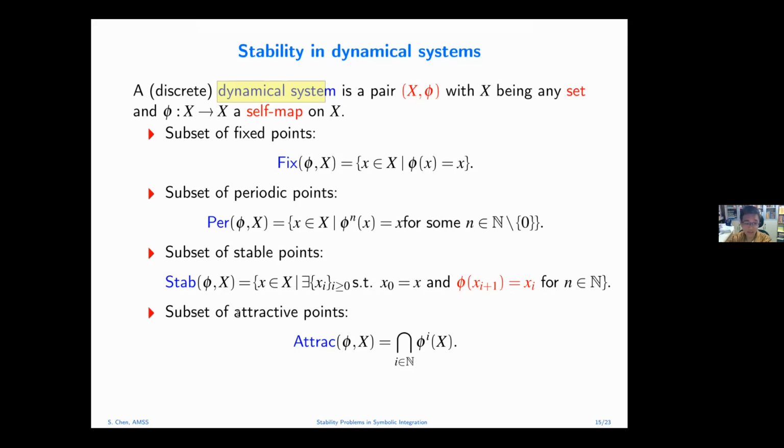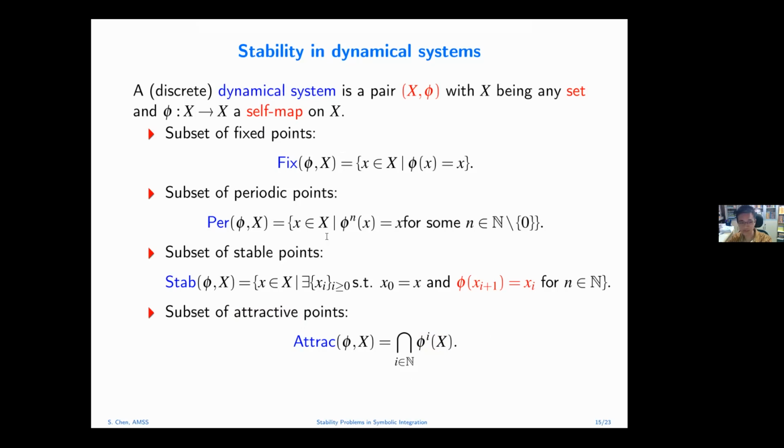And there's another notion, the so-called attractive point. This is a typical notion from dynamical systems. The attractive points are obtained by applying phi^i to X, taking the intersection over all i, and the resulting set is called the attractive points.